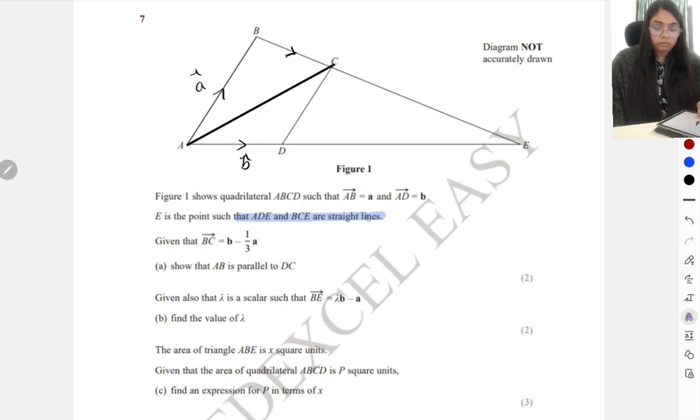So I need to use AB and BC to find AC, and then AC and AD to find DC. Finally, after finding the vector DC, I can clearly say whether they're going to create ratios or not. If they do create ratios, then only can I finally conclude that they are indeed parallel. So for the first case, at first we have to find the vector for AC, which is going to be AB plus BC, right?